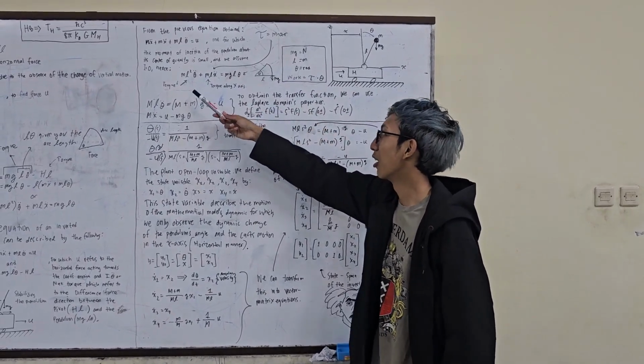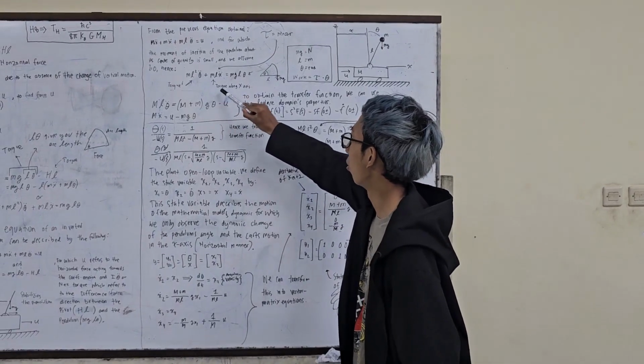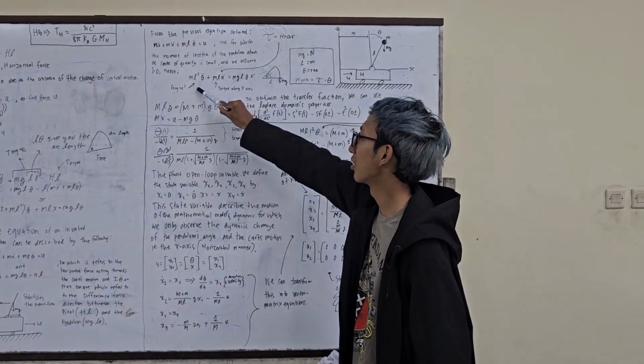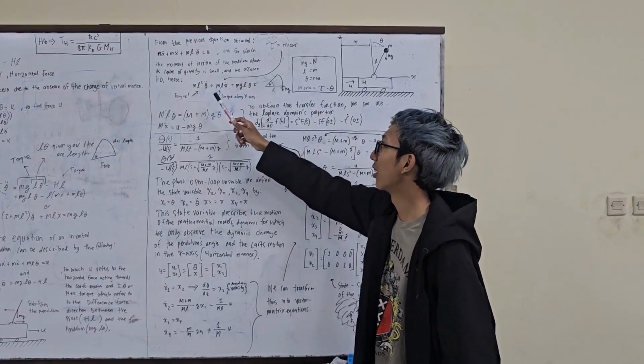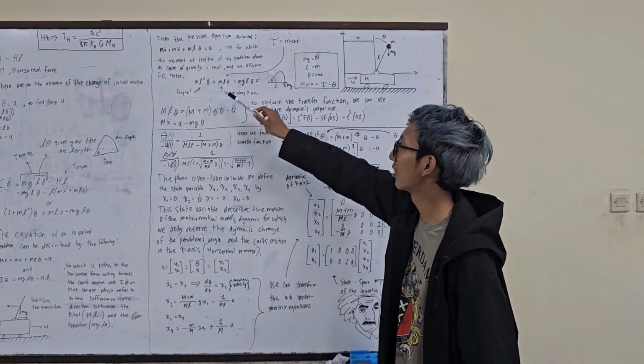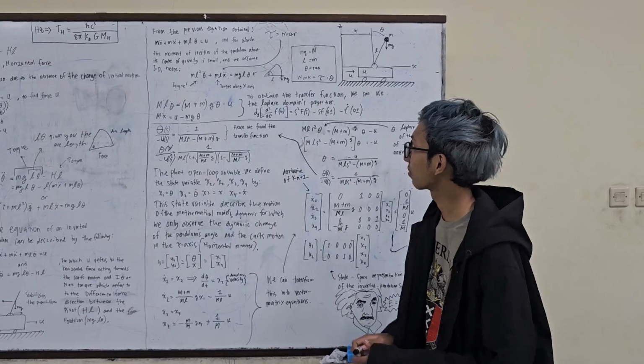Hence, the final formula is torque along the x-axis, which is mass times length squared times theta double dot plus mass times length times x double dot equals mass times gravity times length times theta.